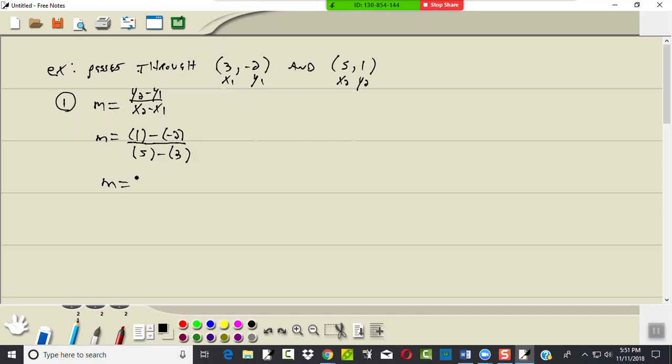Negative, negative becomes a positive, so we got 1 plus 2. 5 minus 3 is 2. So 1 plus 2 is 3, so we got 3/2.